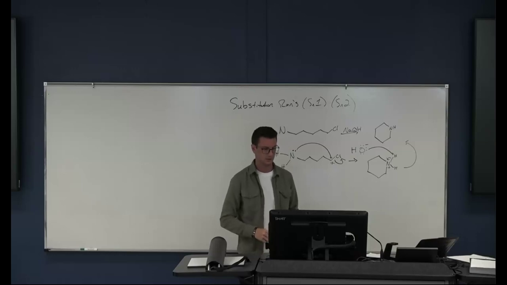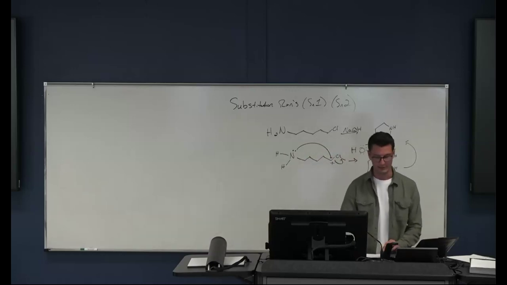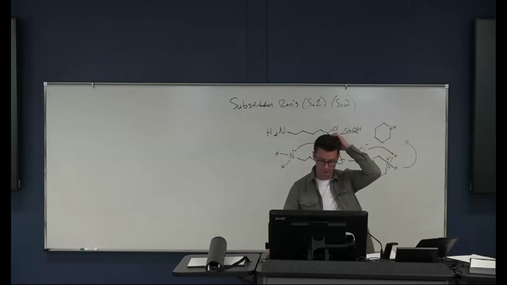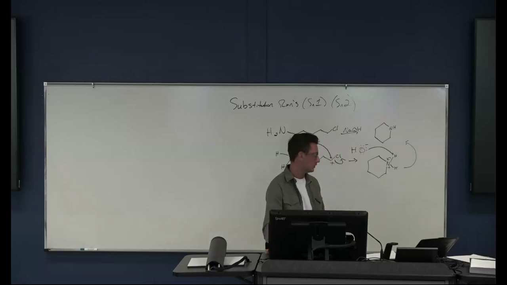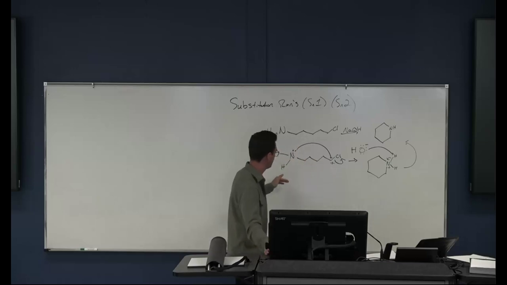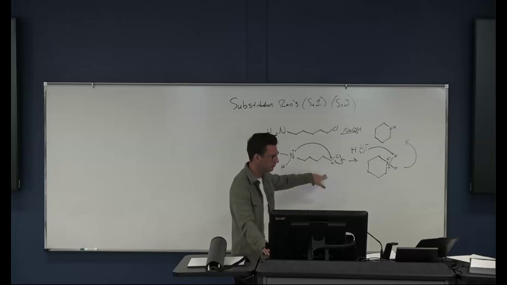This is a perfect example of what we call an intramolecular reaction. You have the leaving group that leaves, and the other end is going to act as the nucleophile on itself.